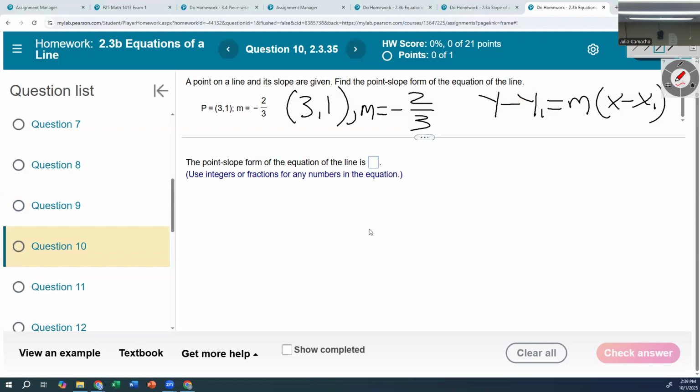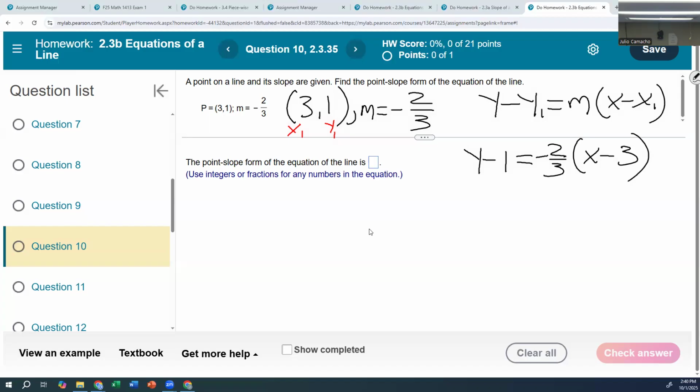So using all this information, let's write our points. That is your x1 and that is your y1. So let's convert this data into the formula. The formula is y minus y1, which is 1, is equal to m, my slope, in this case negative 2/3, times x minus x1, that is 3.